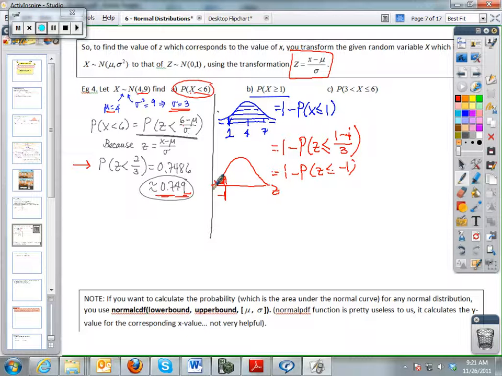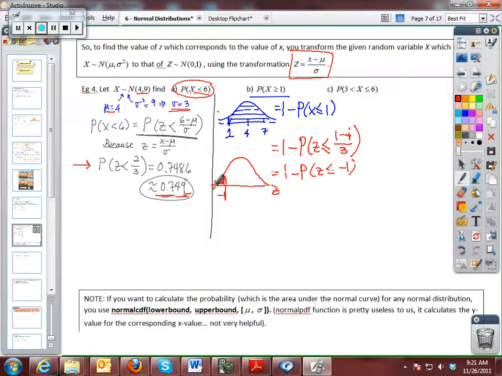So I need to be able to flip this around somehow so that I can deal with positive values. Seems to me that if we use the symmetry of this graph, that area that I've shaded in red is equal to this area that I've shaded in blue over here.